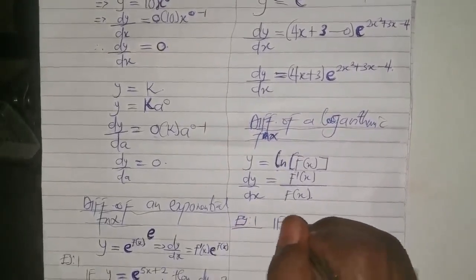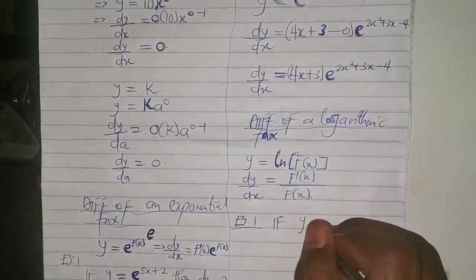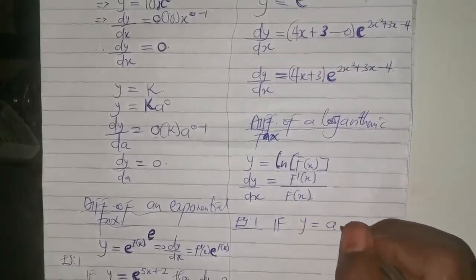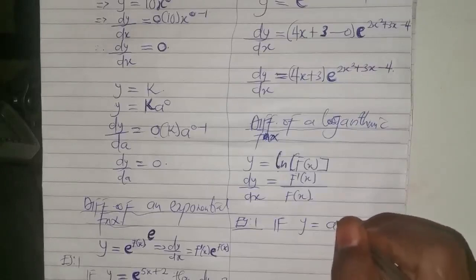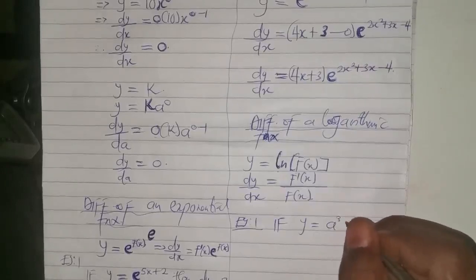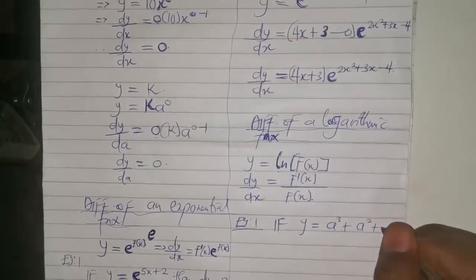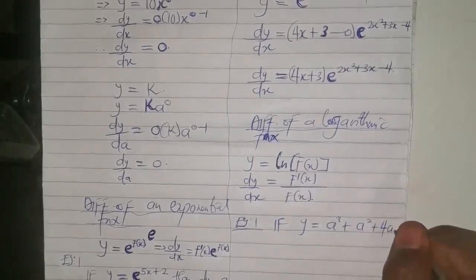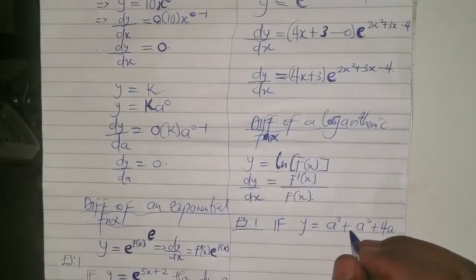So if I can have an example here, example 1. Now let's be a bit diversified. If I have y is equal to, let's say, ln of a cube plus a square plus 4a.